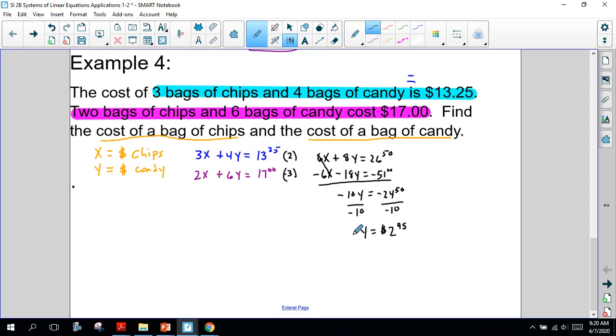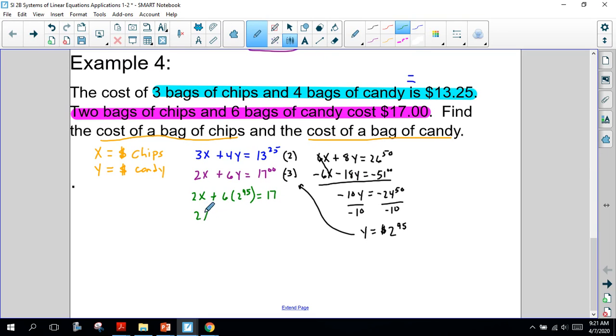Then I'm going to take this and plug it back into one of the original equations. Let's just go ahead and plug it into our second equation. So I've got 2x plus 6 times the y value of 2.45, and that's equal to 17.